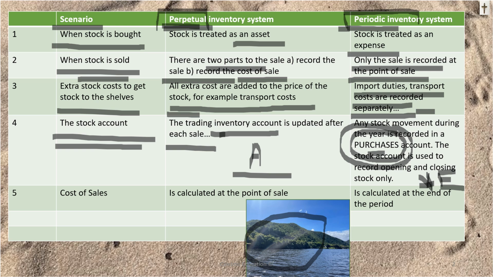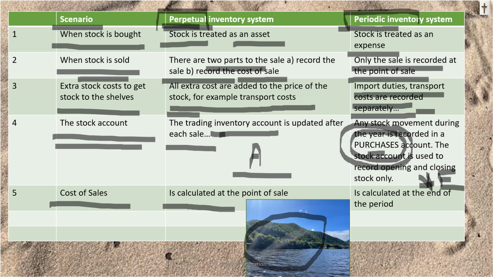The fifth topic is cost of sales. In the perpetual inventory system, cost of sales is calculated after every sale. Perpetual actually means ongoing.